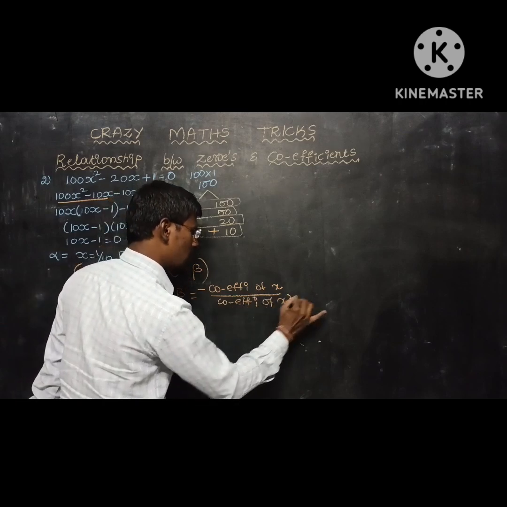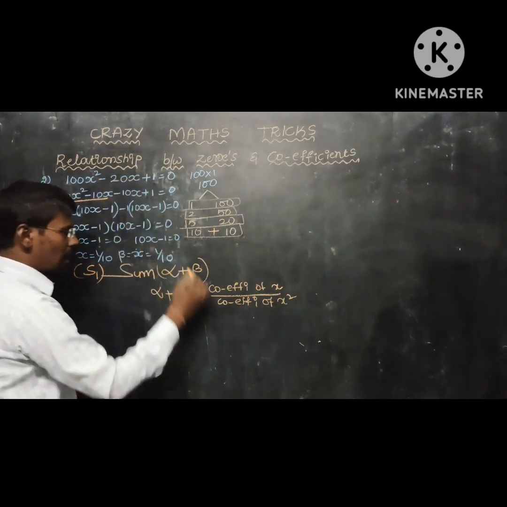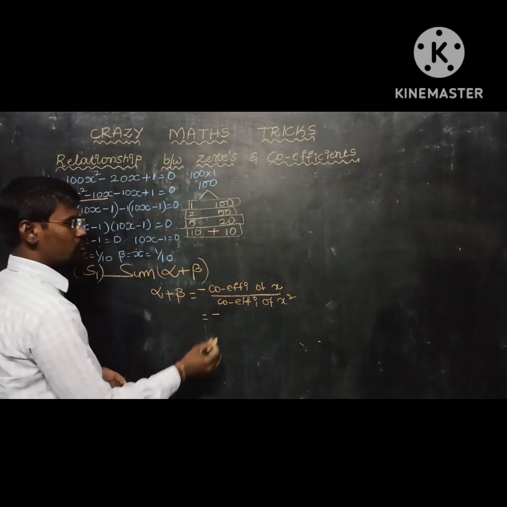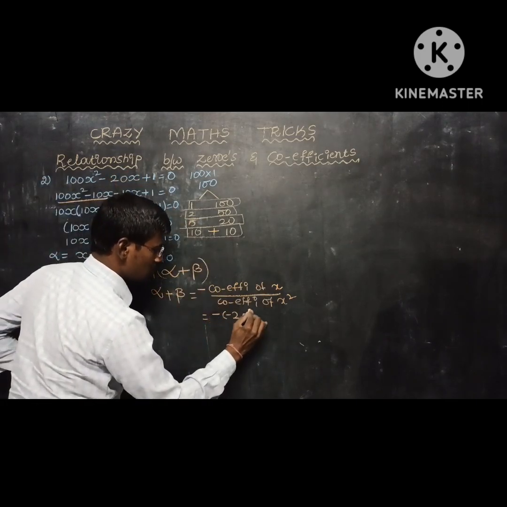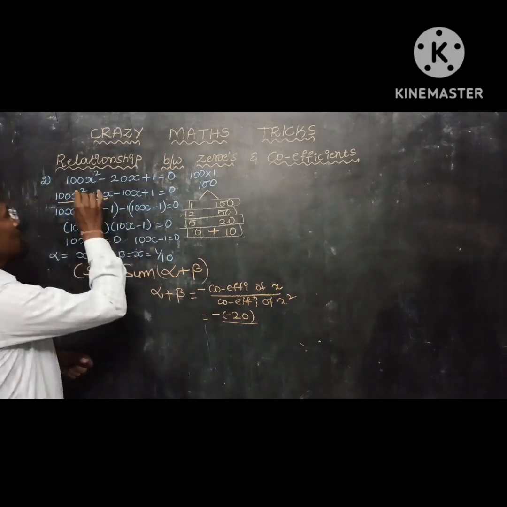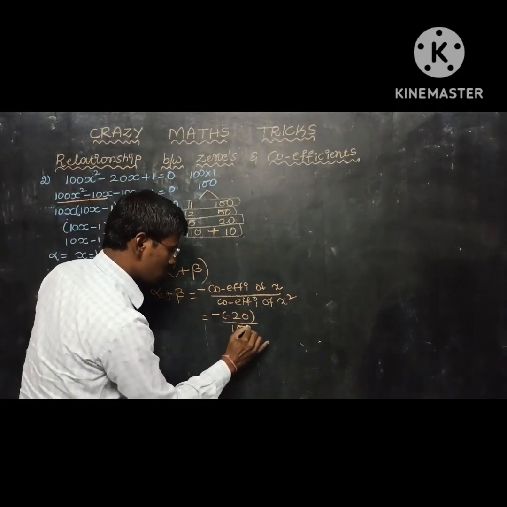So here, what is the coefficient of x for us? Minus of coefficient of x is minus 20, and coefficient of x square is 100.